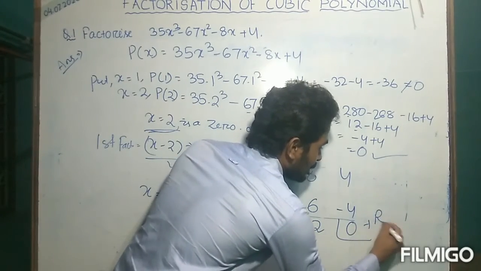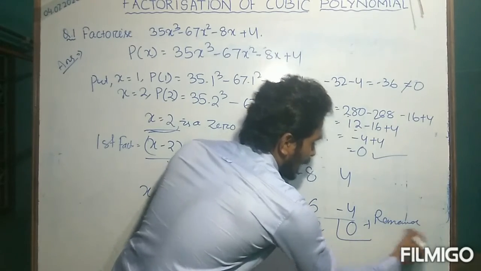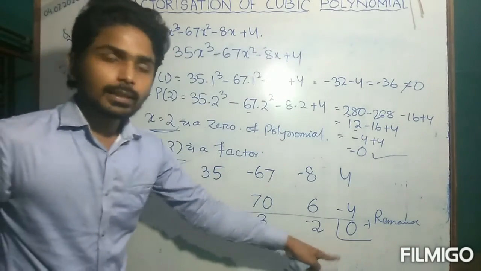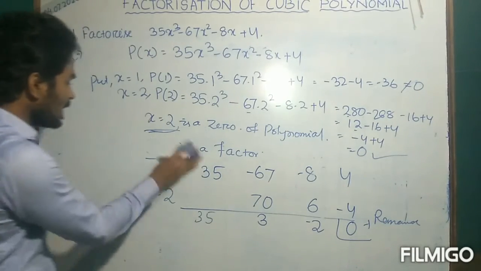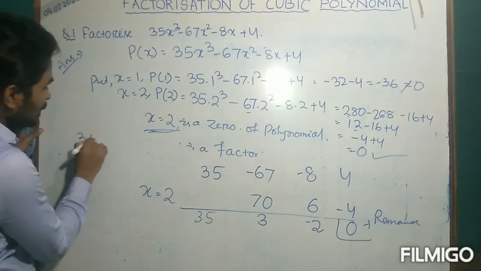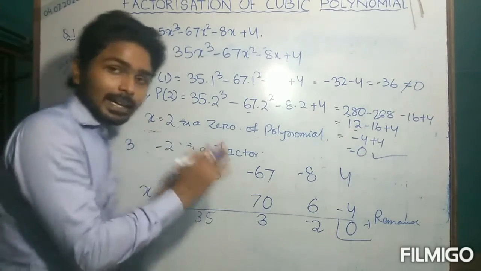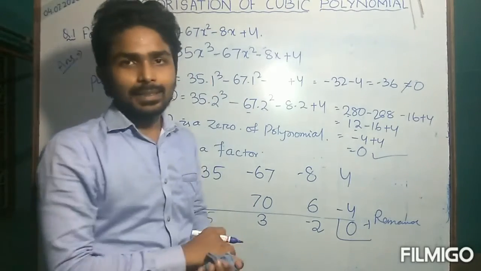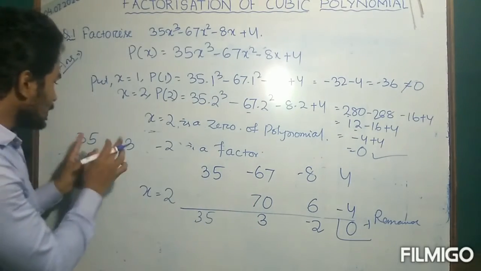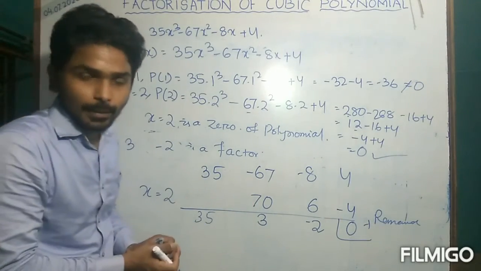And this is the remainder. And the other three parts are 35, 3 and minus 2. These are the coefficients of the quotient. Clear? So now we need to write the variable here.